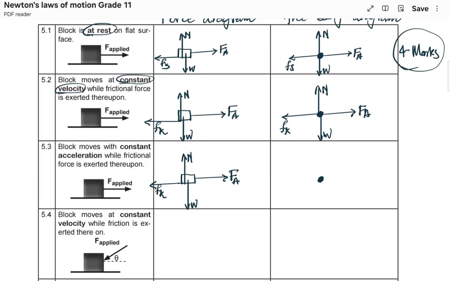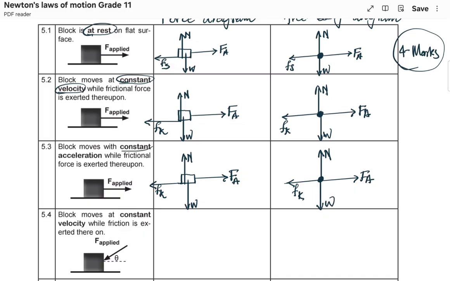So it must be kinetic frictional force. Then I'll be having the normal away from the dot, force applied away from the dot. There is a friction on this side, kinetic frictional force, and now I'll be having the weight.